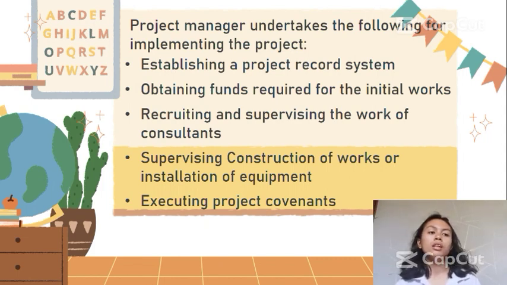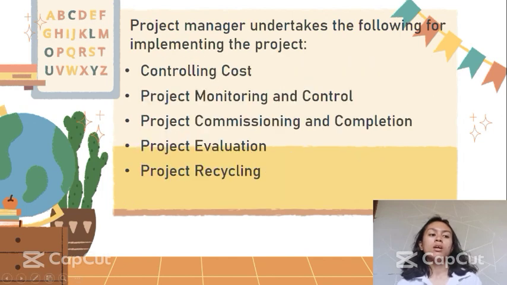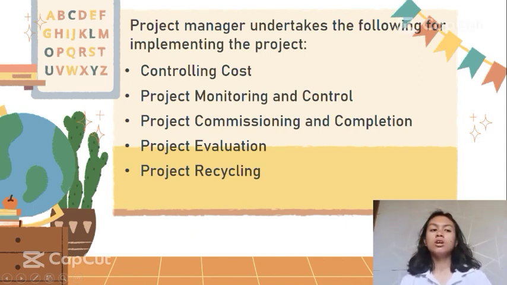Lastly, the important things to project implementation were supervising construction of work, installation of equipment, executing projects, controlling costs, project evaluation, and project recycling. Those I've said for the important things to project implementation may lead the project to the target on how to implement those things, which we emphasize by the various sequence of each project implementation.